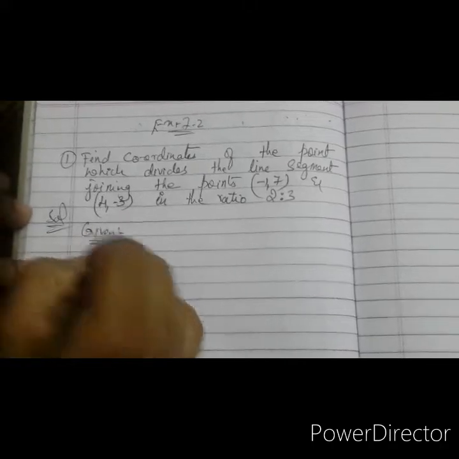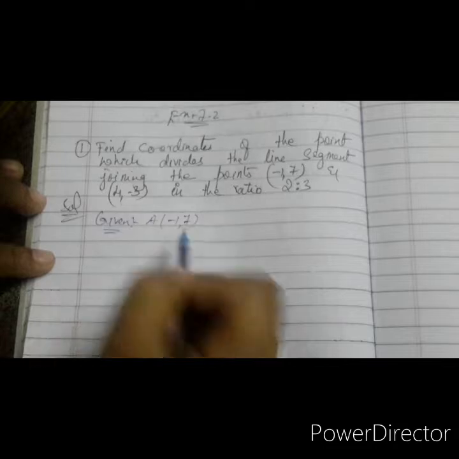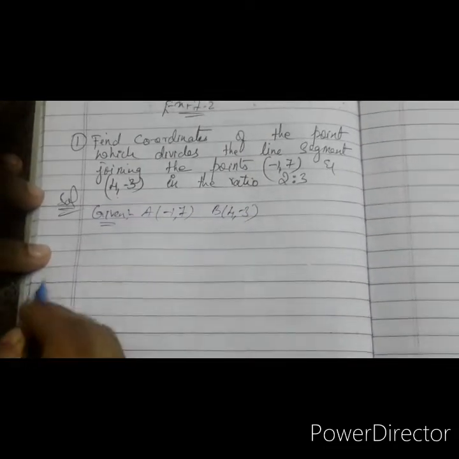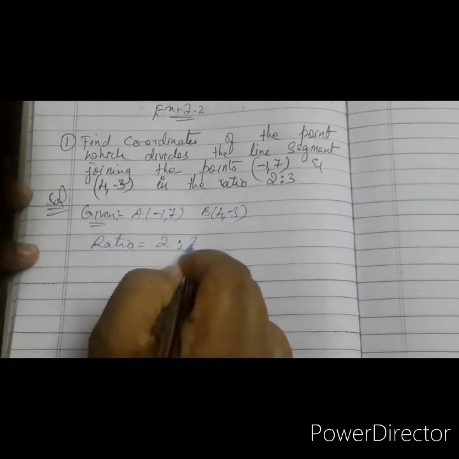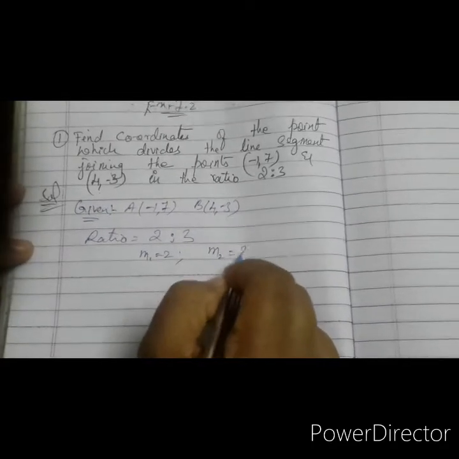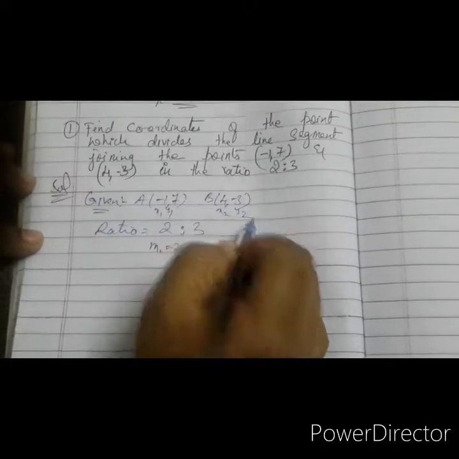Given, what is given? From the problem, A is (-1, 7), B is (4, -3) and the ratio is also given. The ratio is 2:3, that is m1 is 2 and m2 is 3. These are the coordinates x1, y1, x2, y2.